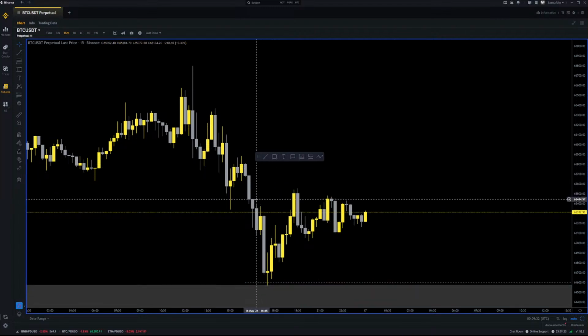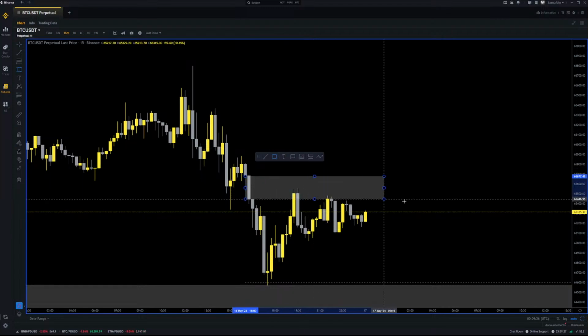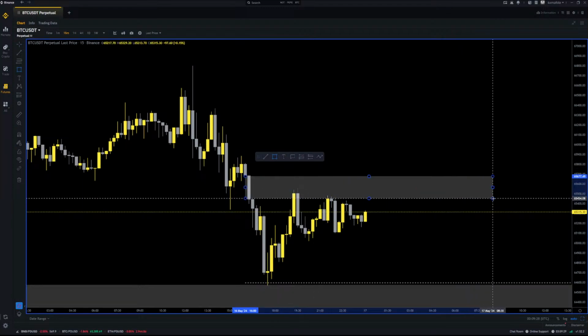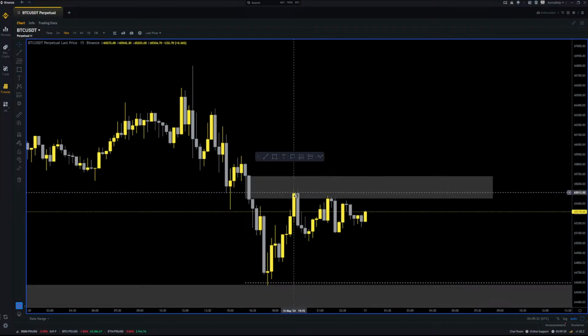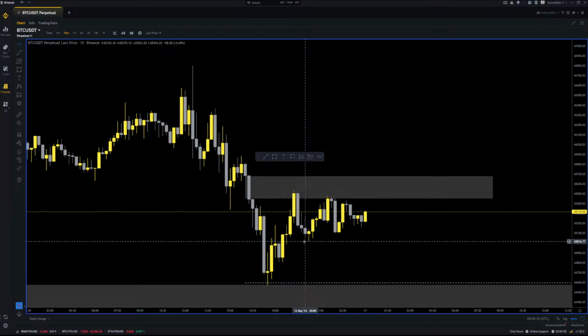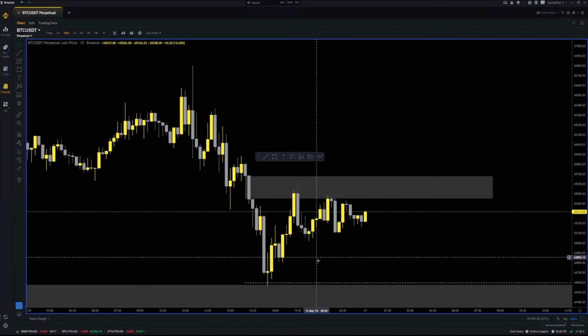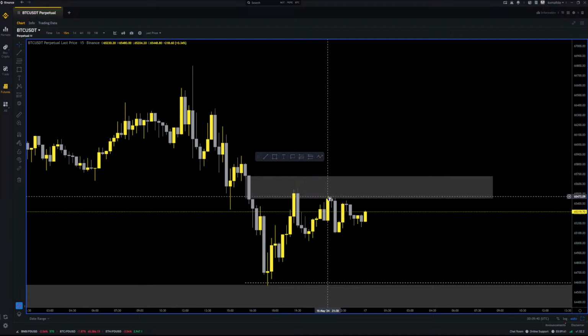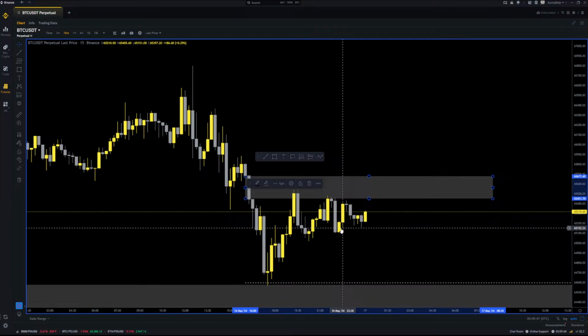I can see there was an imbalance like here, touched a little bit. People put their entries right here and moved out, but this didn't drive a lot of market below, and price came back onto this mitigated imbalance and pushed below.